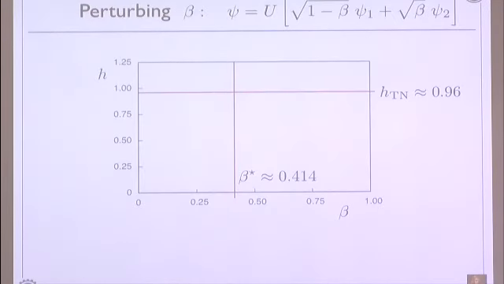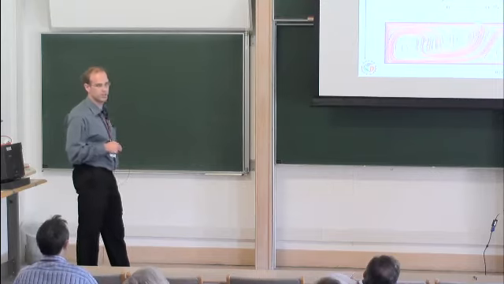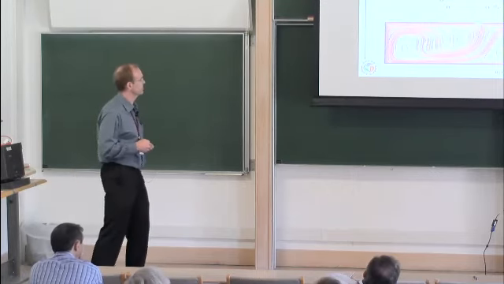So what happens in particular with the topological entropy as we do these perturbations? We're changing this relative strength. Here's the case that I just showed you. This is the critical case, say beta star, and this is the topological entropy that's predicted by the Thurston-Nielsen classification theorem. We see this region around this value of beta where it's well represented by what the theorem predicts.